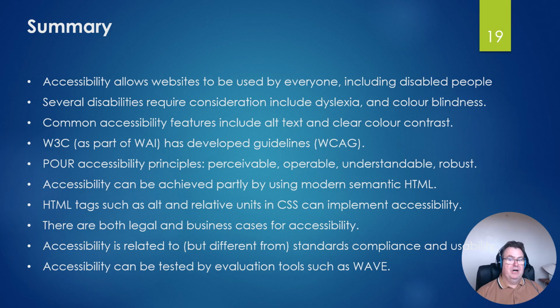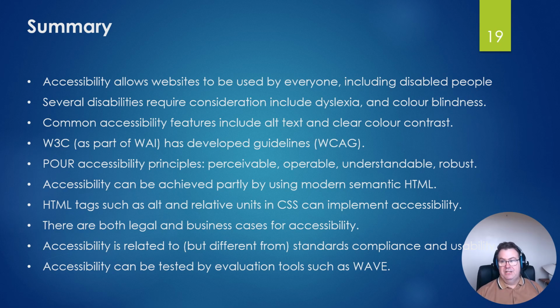Accessibility can be achieved partly by using modern semantic HTML elements such as track and header, but it's also the use of specific tags such as alt to put the alternate text for the blind, for the screen readers, and relative units to help us implement the variable font size.